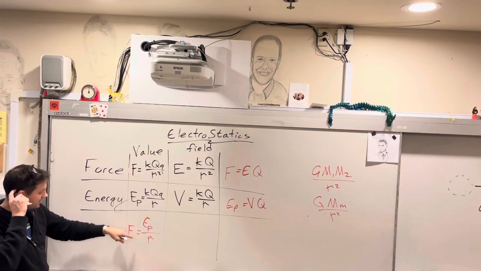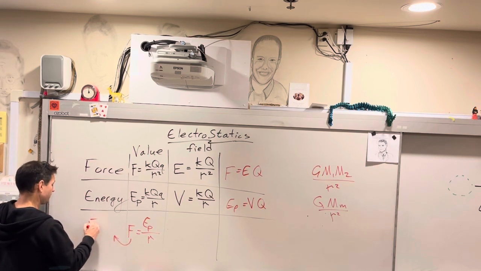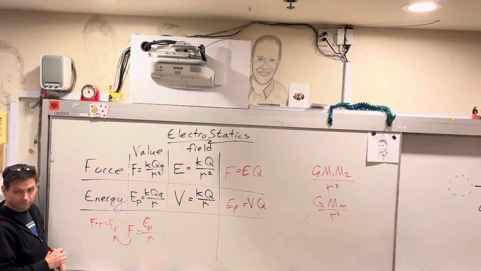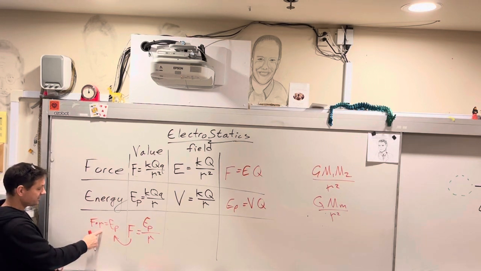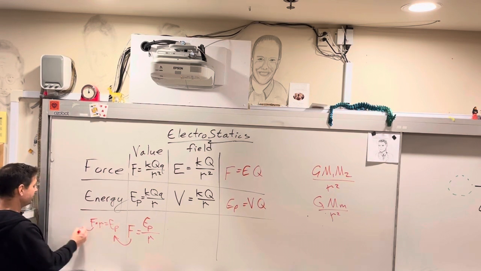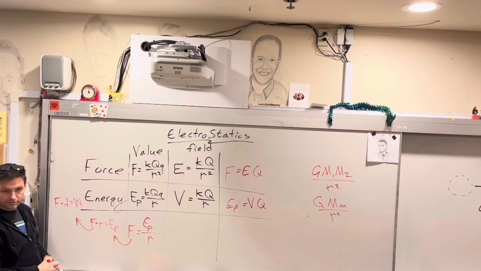You can change this into FR, right? You could say F times R equals EP, right? R is distance, this is energy, which is the same as the work you'd have to put in. This is really just force times distance equals work. You understand?